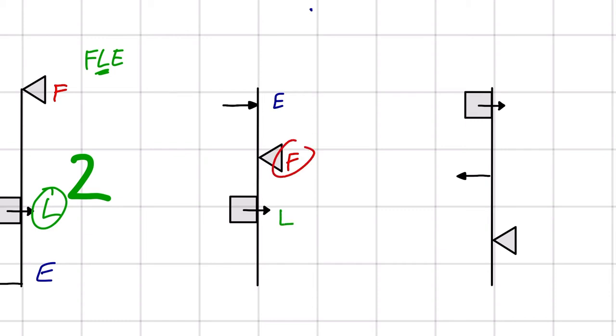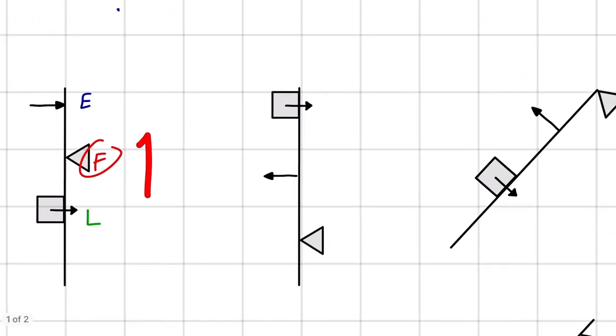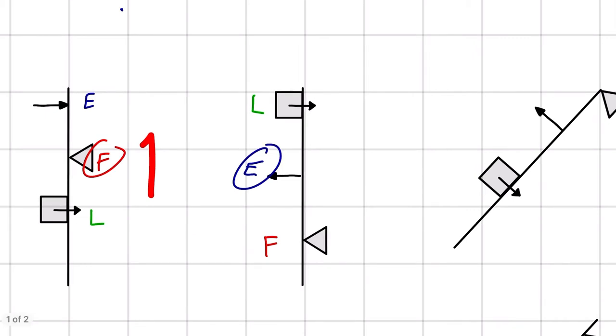Which one's in the middle? Well, it's the fulcrum. So according to FLEE, that's going to be a first class lever. And then this third one here, in the center we have effort, and then we have load, and we have the fulcrum. With the effort in the middle, that tells us that this is a third class lever according to FLEE.